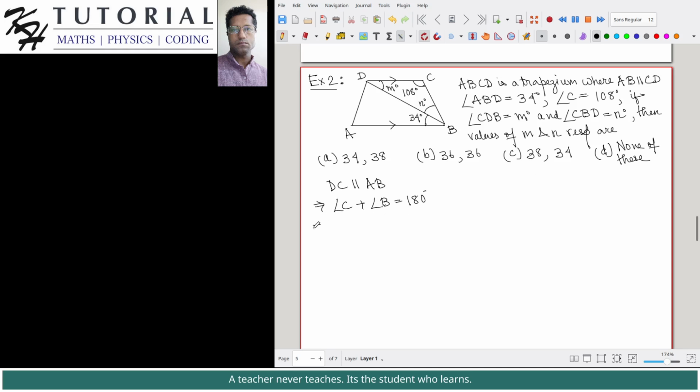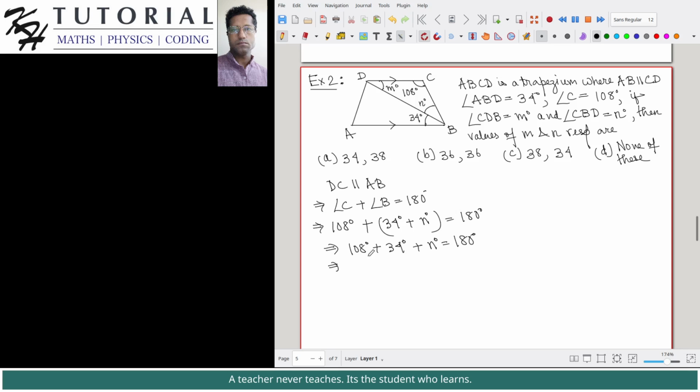This implies angle C is given to be 108 degree. And what is angle B? Angle B is nothing but 34 degree plus n degree. This is equal to 180 degree. So this implies 108 degree plus 34 degree plus n degree is equal to 180 degree.